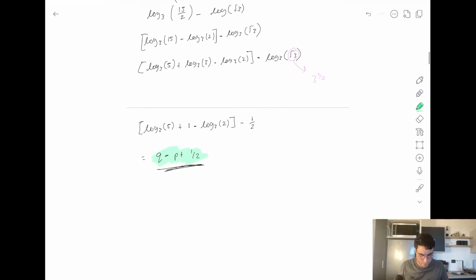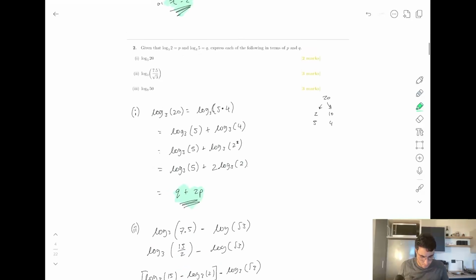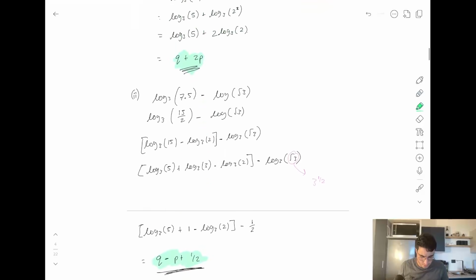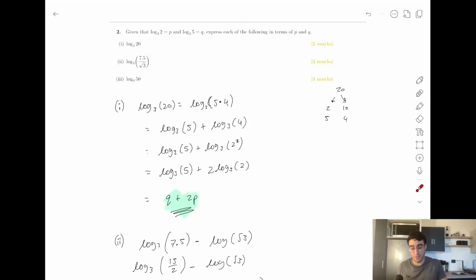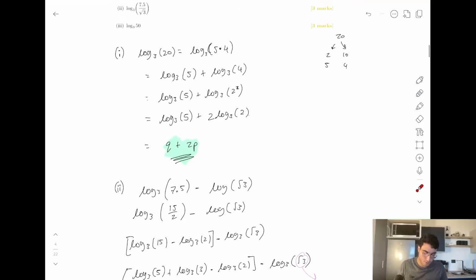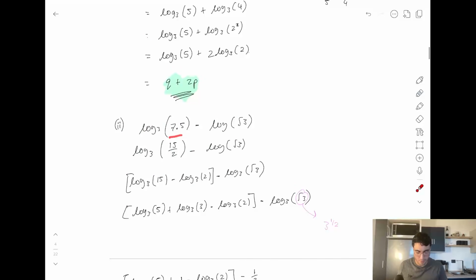Okay, and that's your final answer here. So, how did we go about doing this again? We simply recognize that, look, they're trying to fool us around a little bit with the 7.5. You need to recognize that 7.5 is 15 over 2. But first off, we need to break this down into some kind of sum, which is 7.5 minus log root 3. 7.5 is 15 over 2, which is another fraction, so we can break that down again. 15 is a product, so we can break it down again.